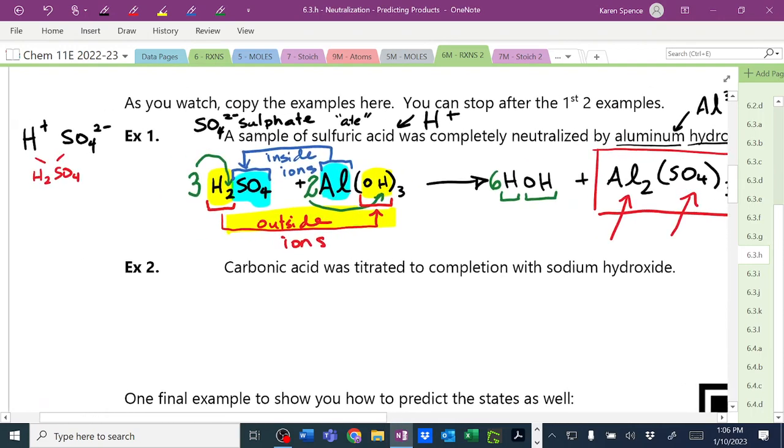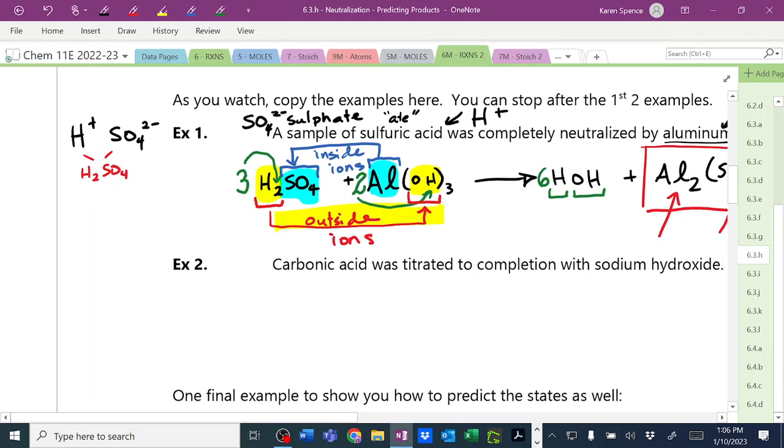Carbonic acid is based on which ion? Carbonate. So that is CO3 2 minus. It's carbonic acid, so who is the other ion? H. So the formula for carbonic acid is going to be H2CO3.